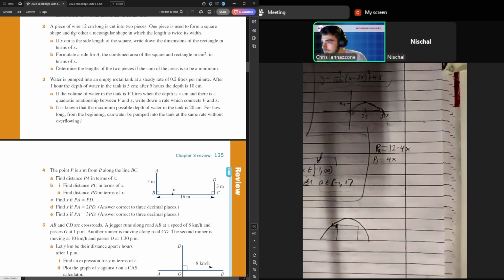The thing that's specific here is the rectangular shape has a length that is twice its width.